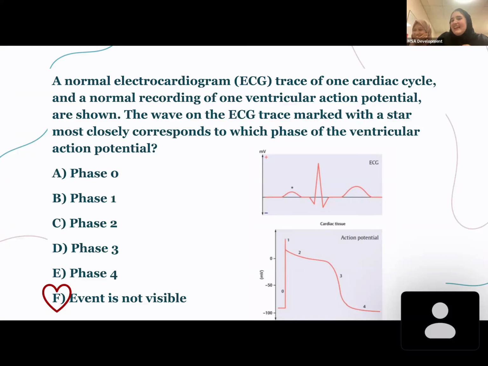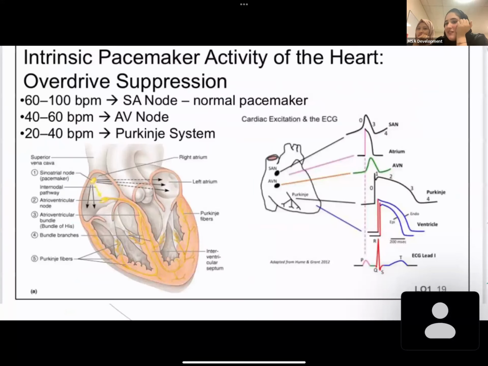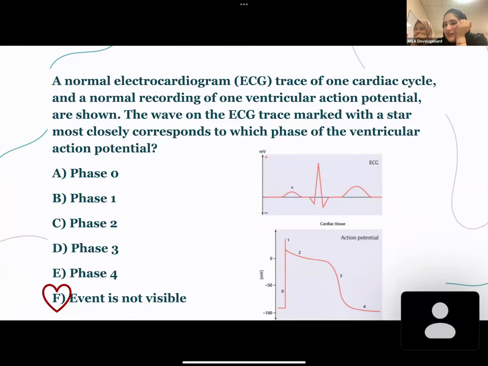So the P wave corresponds to what? Atrial contraction. Exactly. The P wave corresponds to atrial contraction, and the question itself says that this graph here is the ventricular action potential.